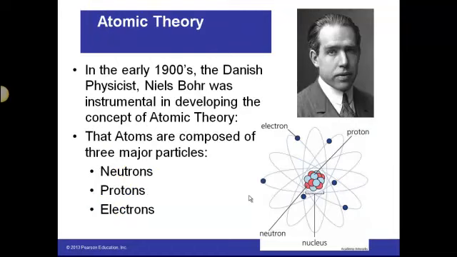However, as time went on, in the early 1900s, the Danish physicist Niels Bohr was very instrumental in helping develop the concept of atomic theory. And so this is one of the elements that you'll be learning about in the class, that atoms are actually composed of smaller particles. And these 3 major particles are called neutrons, protons, and electrons.